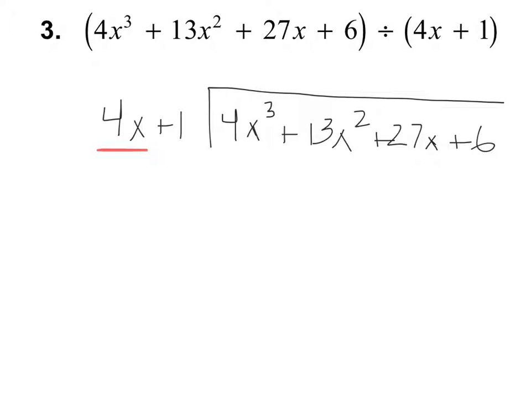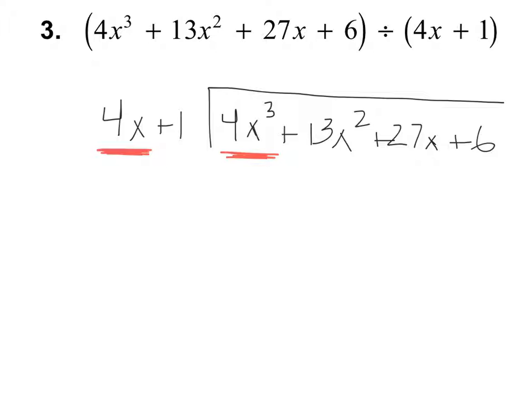Every time you do this, you ask, how many 4x's go into this? The easiest way to think about it is that the first term here is 4x to the third. Ask yourself, what do I need to multiply 4x by to get 4x to the third?